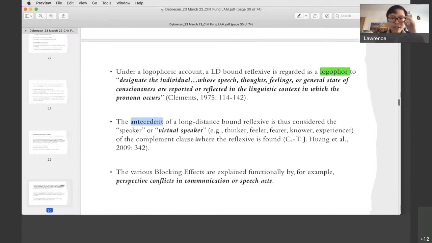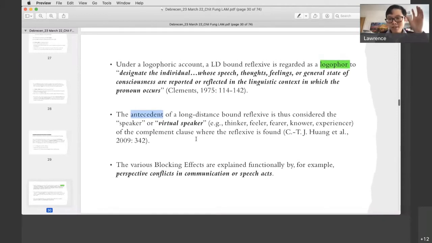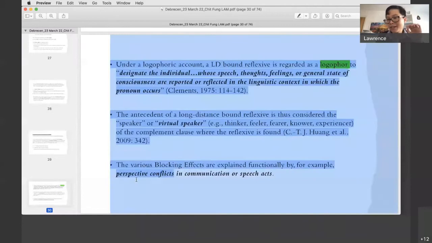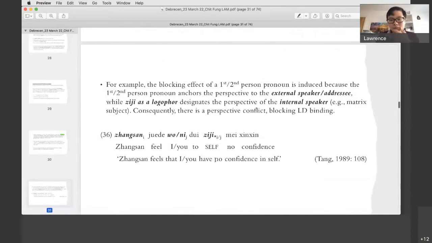In that sense, it's not quite the same as an anaphor, because a logophor itself is more of a pragmatic type of concept. If we adopt this kind of explanation by analyzing long-distance bound jitsi as a logophor, then the blocking effect is usually explained by perspective conflicts in communication, because it's a functional type of explanation. So let's take a look at this example again. We see the blocking effect by I or you.